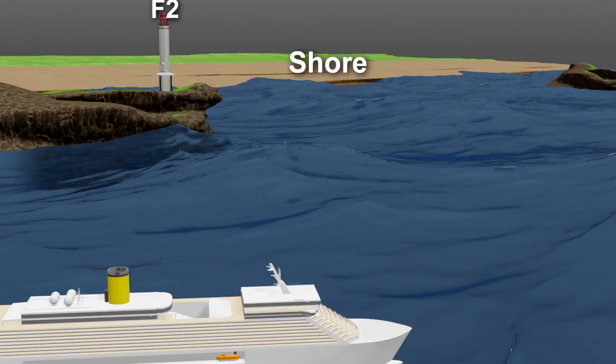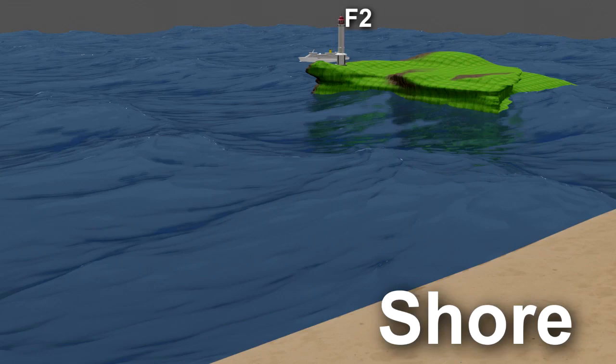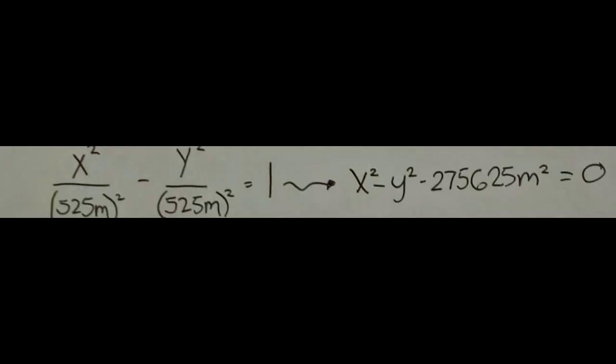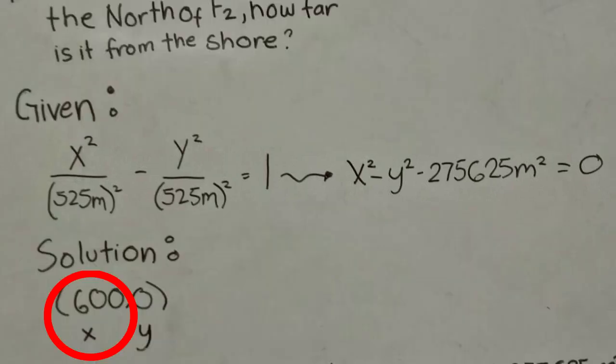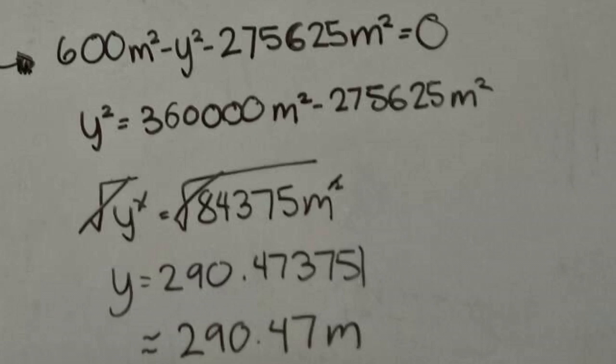For letter B, if the ship is directly north of F2, how far is it from the shore? We will use the general equation x squared minus y squared minus 275,625 meters squared equals 0. We will substitute 600 into x. This will then be (600 meters) squared minus y squared minus 275,625 meters squared equals 0.